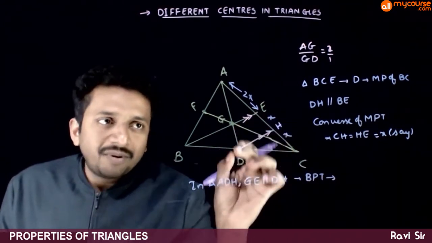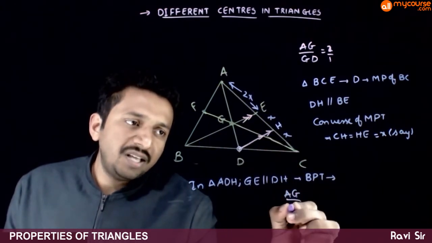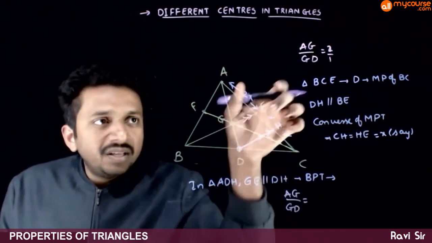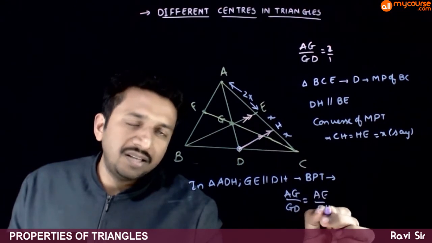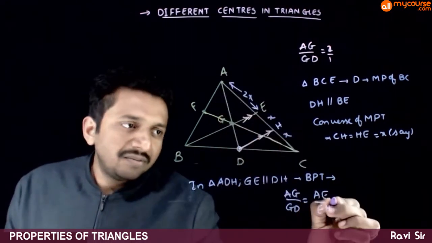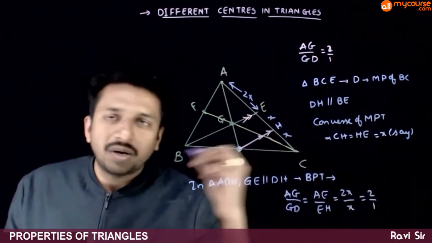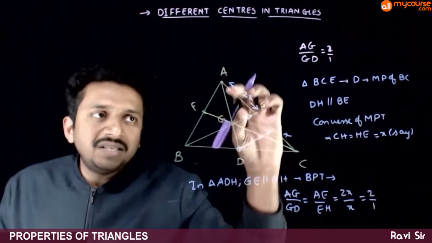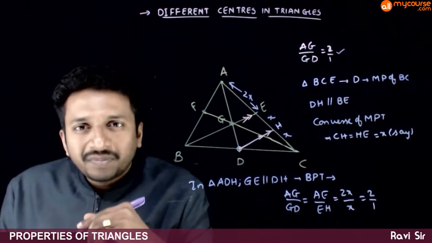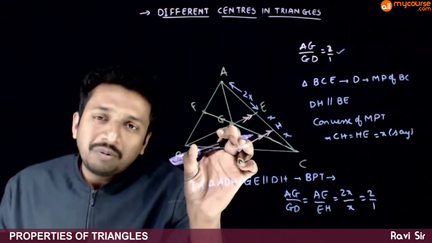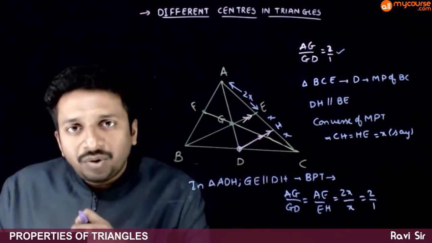AG by GD is equal to AE by EH. And what is AE? 2X. By EH, which is X. That is equal to 2:1. Hence AG by GD is equal to 2:1, which is the result we needed to prove. Similarly, you can also prove that BG by GE is equal to 2:1 and CG by GF is equal to 2:1.